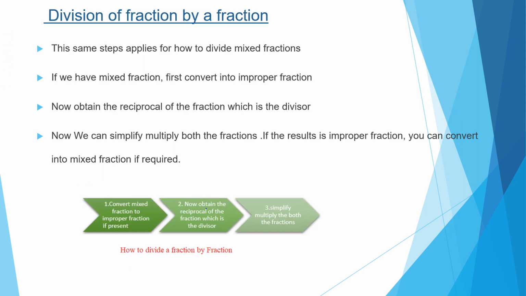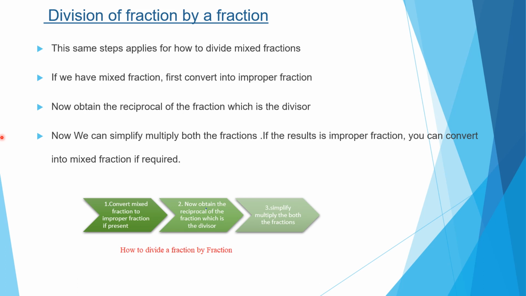Next, division of a fraction by another fraction. Here also the same steps apply. What we have to do, if we are having any mixed fraction, convert that into an improper fraction. Then take the reciprocal of the divisor. Here both are fractions only. Always remember that the divisor means which comes after the division symbol, to keep in your mind to simplify.